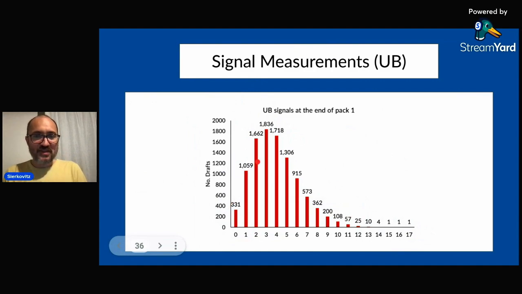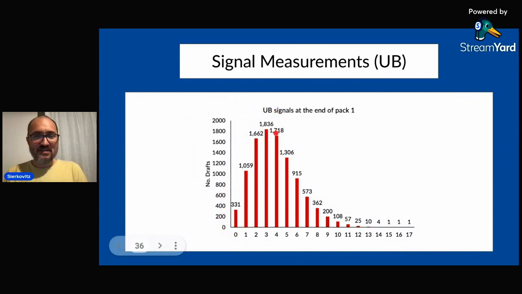Around 10% of the drafts had 1 signal in blue-black. Around 15% had 2, and around 18% had 3 signals. So here we cover already something like 20, 30, almost 40% of the drafts have 0 or 3 signals.